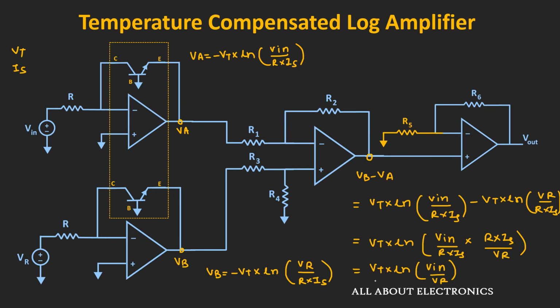So if you observe this expression of VB minus VA, it is independent of the reverse saturation current. So by using this reference voltage VR and this differential amplifier circuit block, we can remove the effect of this reverse saturation current.